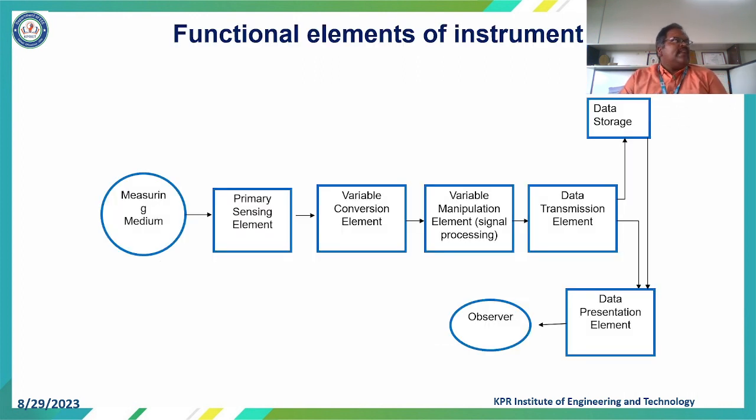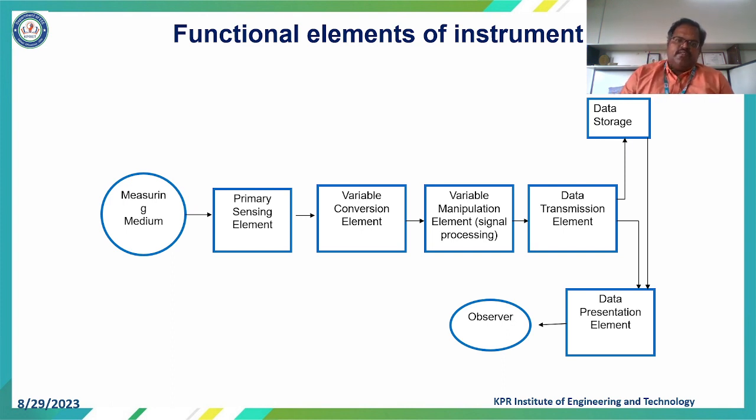These are the functional elements of an instrument. If you are going to measure something, we need a measuring medium, then a primary sensing device, a variable conversion element, a variable manipulation element, a data transmission element, data storage, and finally a data presentation element, which shows the result to the observer.